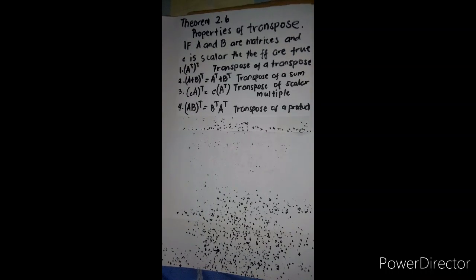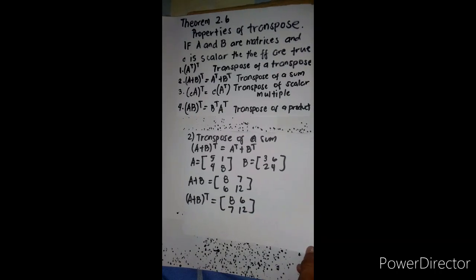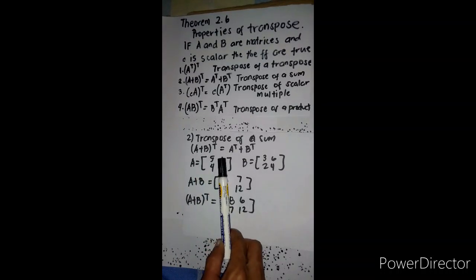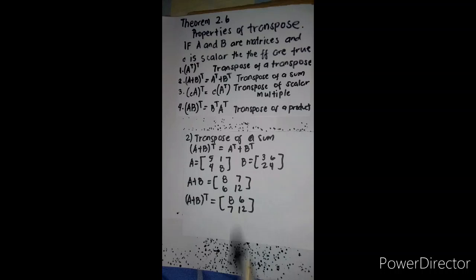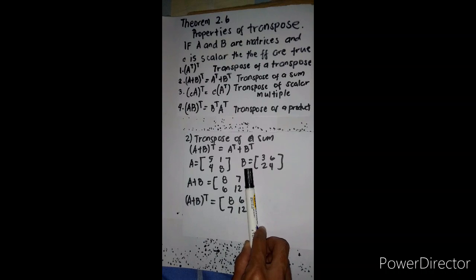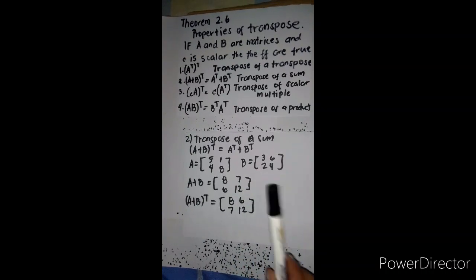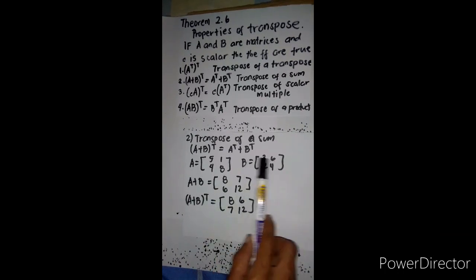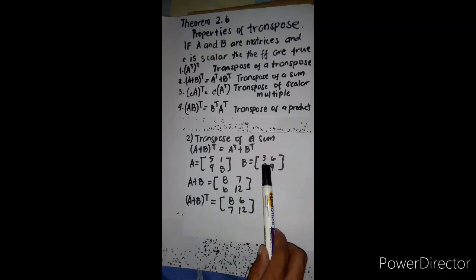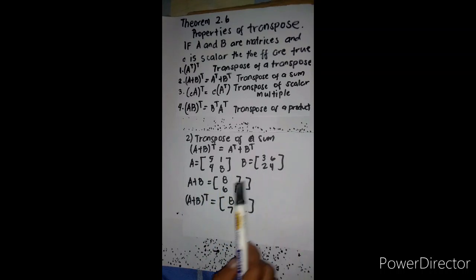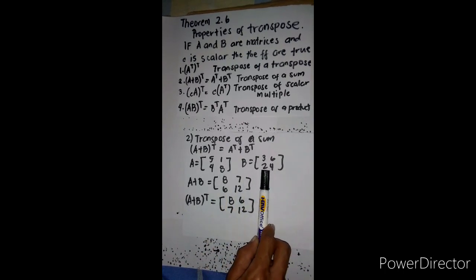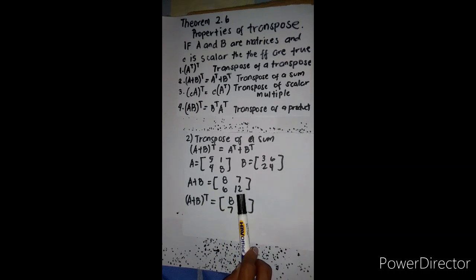For the second, transpose of a sum, we need to prove that quantity A plus B transpose is equal to A transpose plus B transpose. We have a given value of A, 5, 1 and 4, 8, and value of B, 3, 6 and 2, 4. A plus B is simply additive, or add corresponding elements. 5 plus 3 is equal to 8. 1 plus 6 is equal to 7. 4 plus 2 is equal to 6. 8 plus 4 is equal to 12.